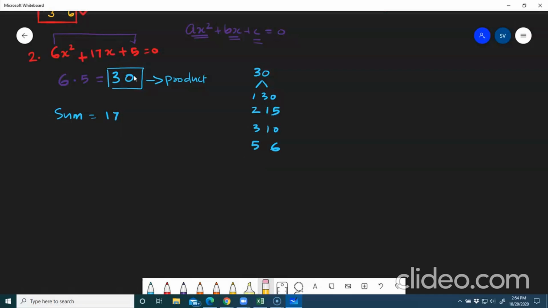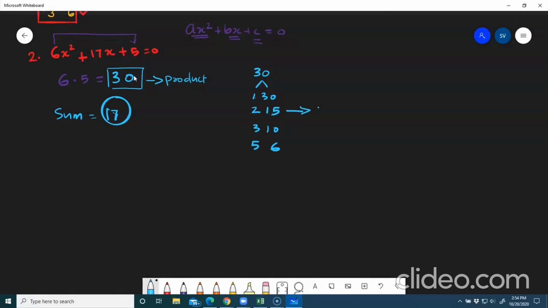Now, what is the sum? Sum is 17. Now you need to figure out a pair of numbers from this group that can produce a product of positive 30 and a sum of 17. 1 times 30 is 30, but the sum is not 17. 2 times 15 is 30, and 2 plus 15 is 17.